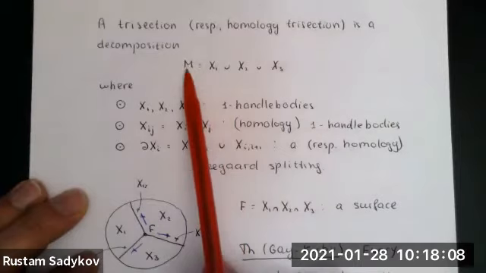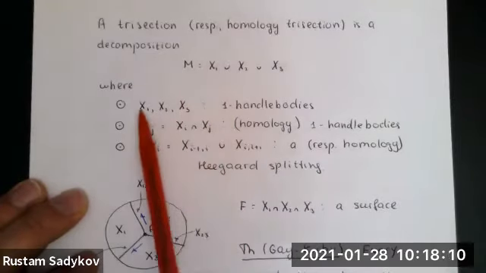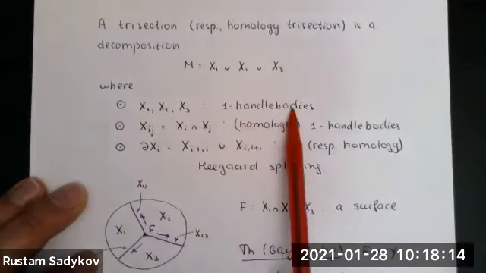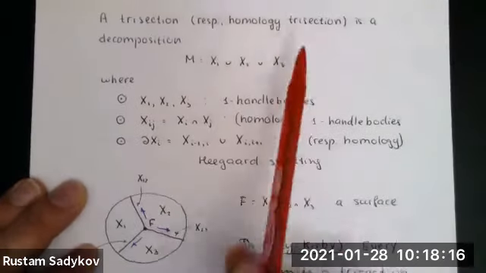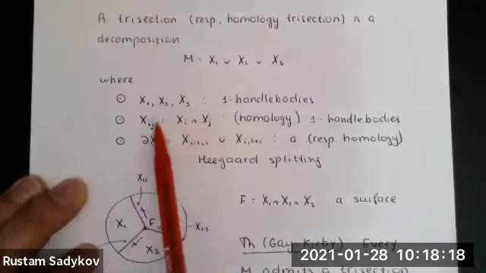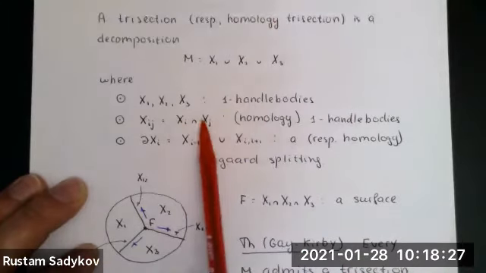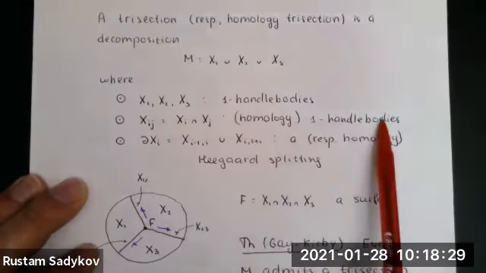So again, we take a manifold M of dimension 4, and cut it into three one-handle bodies. In the case of trisections, we require that the intersections are one-handle bodies. In the case of homology trisection, we require that the intersections are homology one-handle bodies.